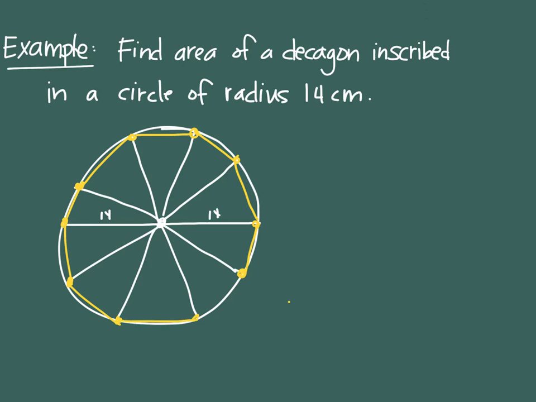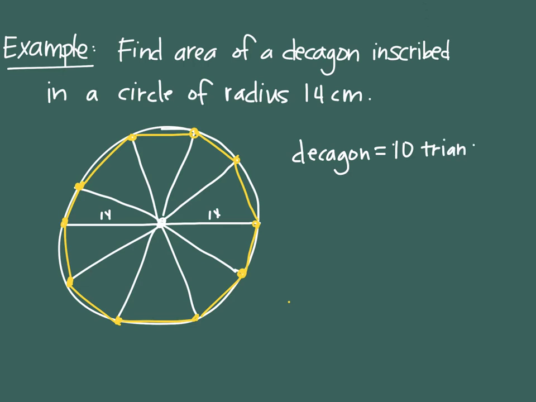So one full decagon is made up of how many smaller parts? 10 what? 10 triangles. Okay, there are 10 mini triangles that make up one full decagon. All right, so we get that first. We understand that. So decagon equals 10 triangles.